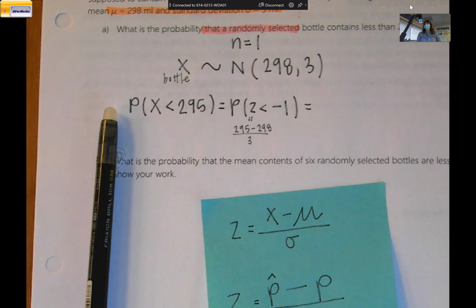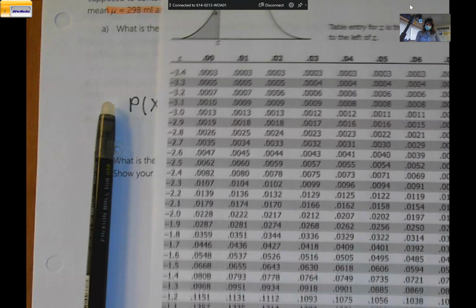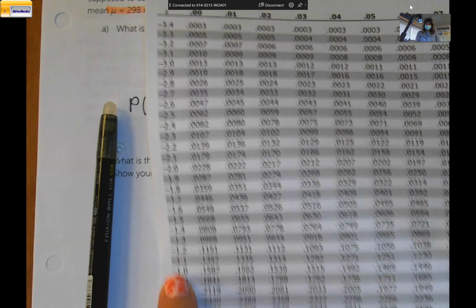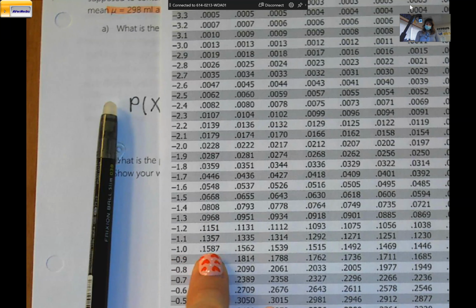I don't want to. Okay, so now we do our z-table. So we're going to the negative side. It's just negative 1.0. So 0.1587.